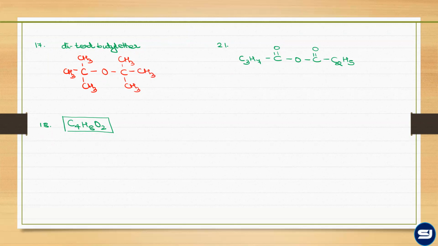What is the IUPAC name of ether? How do you name CH3OC2H5 in IUPAC? Remember? Oxomethyl ethane.